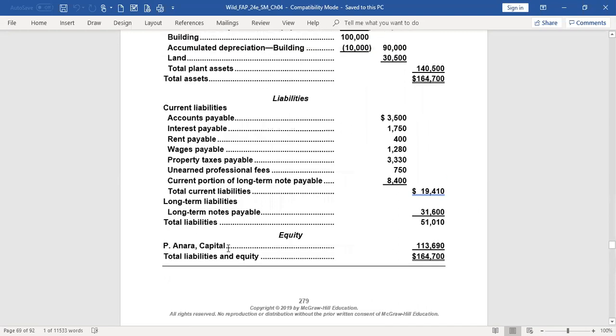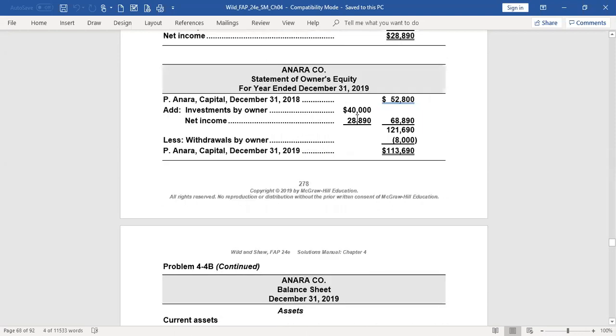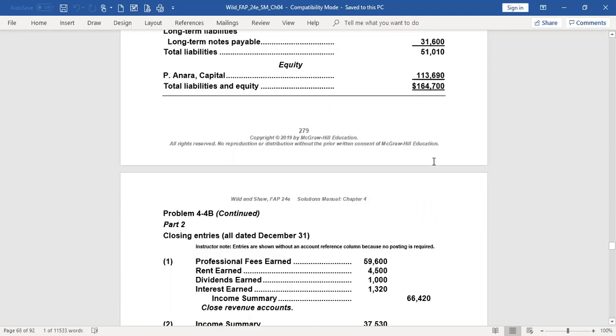Yep. And that's what we said it is. On December 31st, 2019, take a look at the statement of owner's equity. When we add net income and subtract withdrawals, the final balance in our capital account is $113,690. So if revenues, expenses, and withdrawals are zero, that capital balance better agree to your statement of owner's equity.